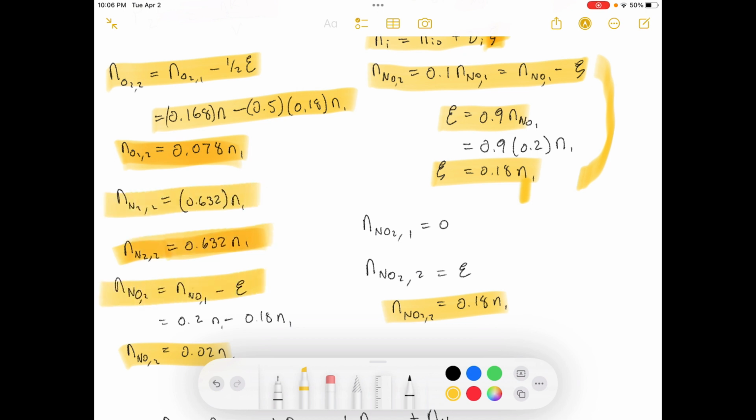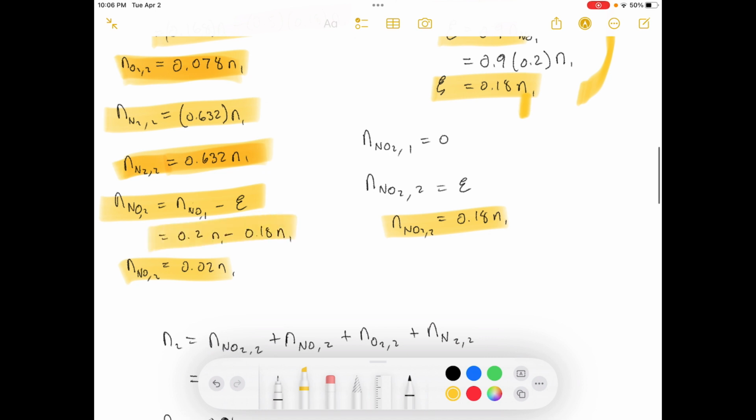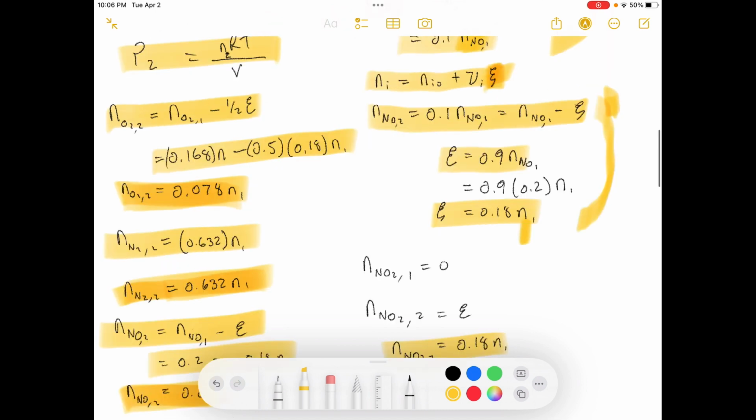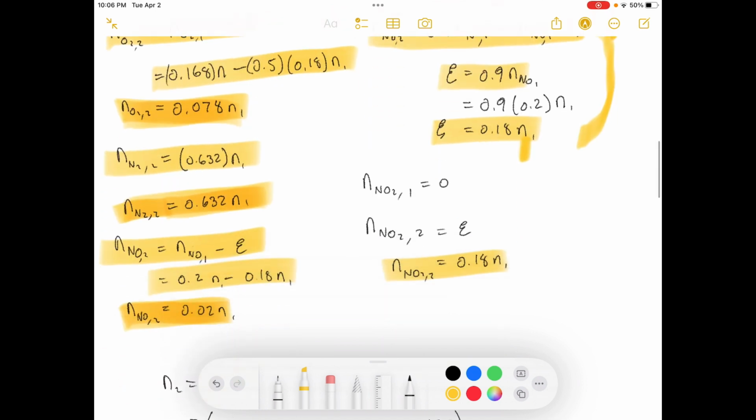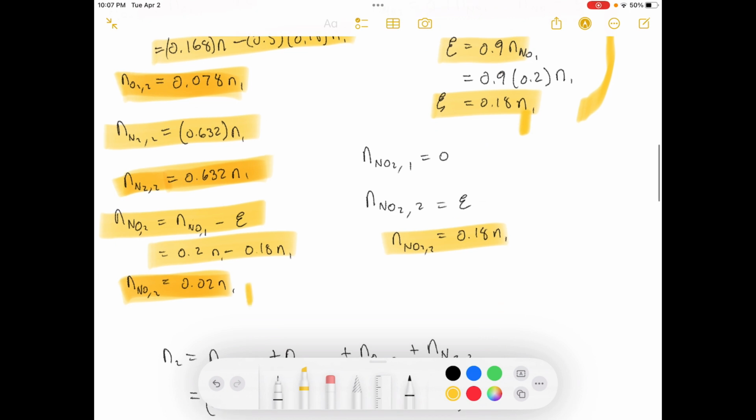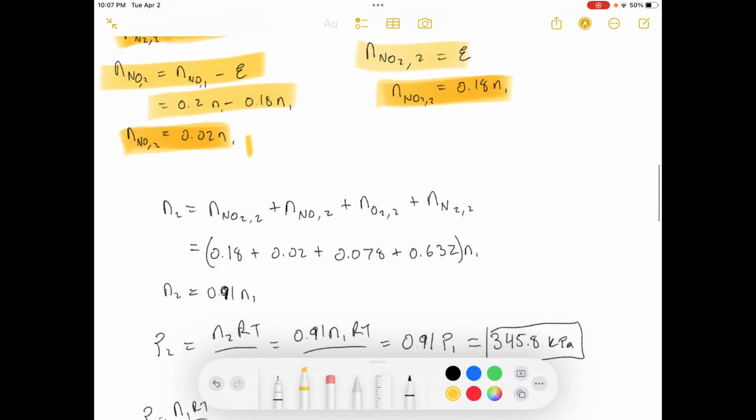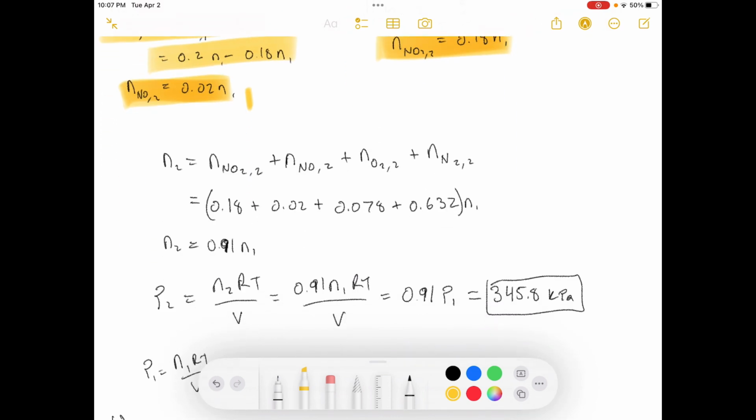Number of moles of nitrogen oxide: we did it kind of up here, but we didn't have it in terms of N1, so I'm putting it in terms of N1 over here. And then the same thing for nitrogen dioxide. Now that we have everything in terms of N1, we add everything up. That's the total number of moles at the end.